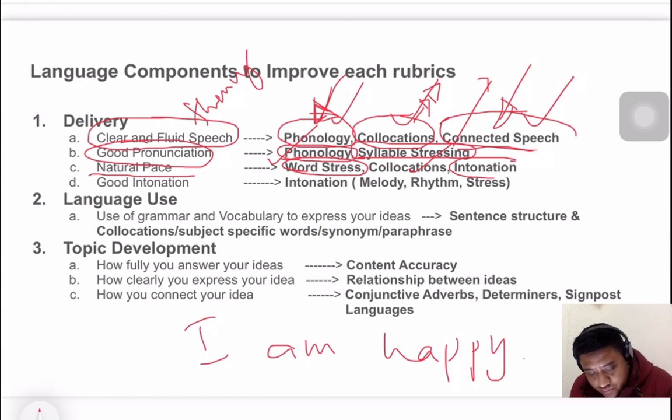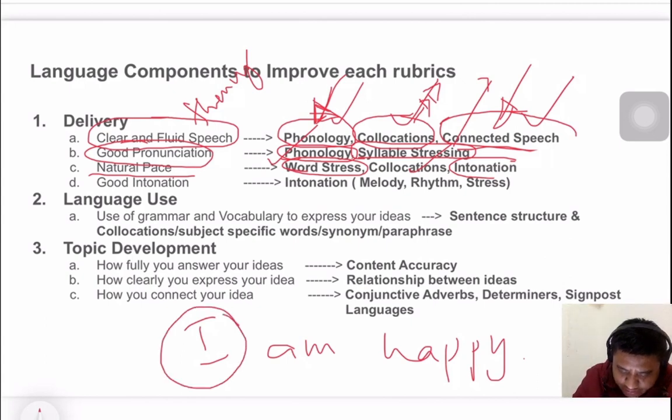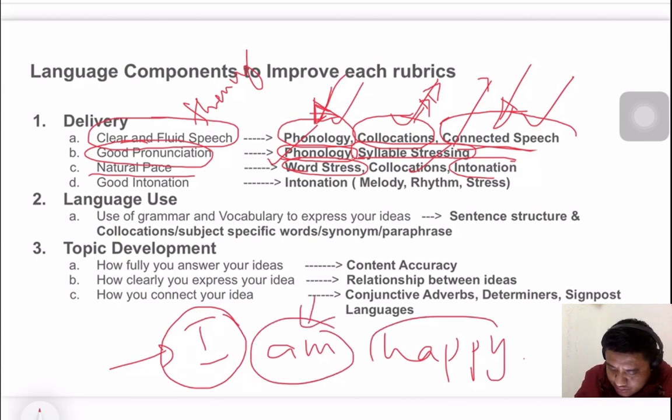Now, when you say this sentence, you have the option of stressing either I, am, or happy.